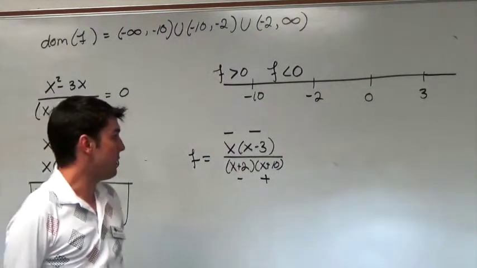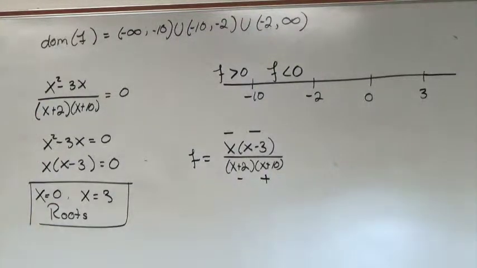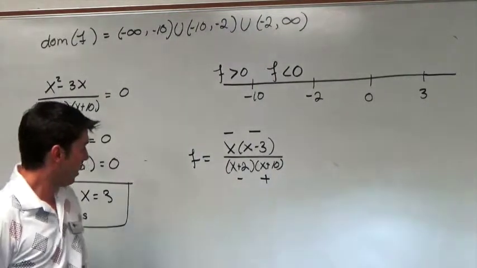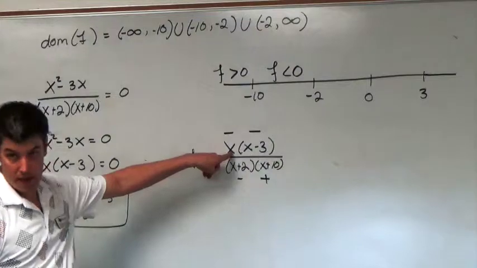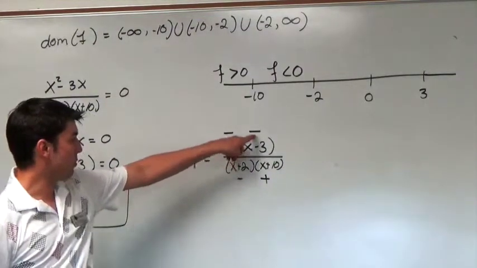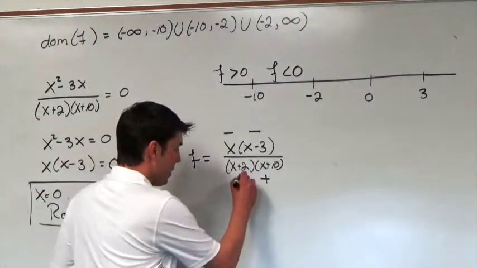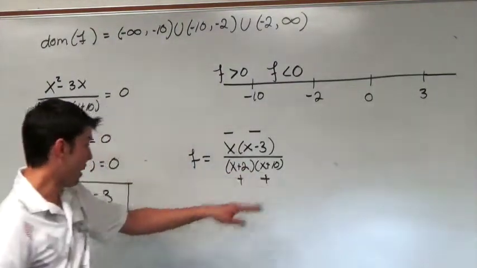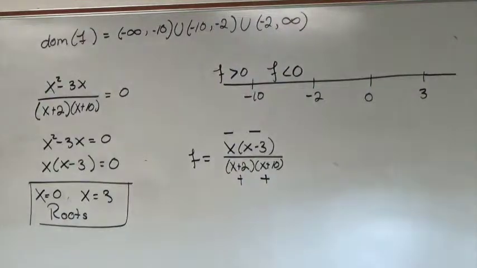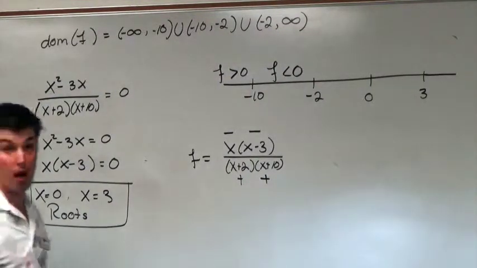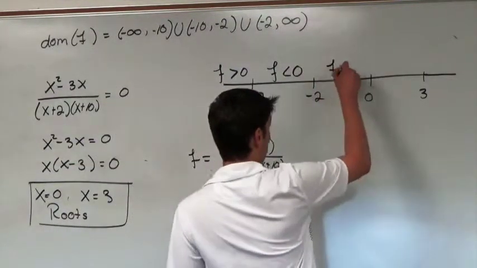Between -2 and 0 lives -1, so plug in -1. If x is -1, then x is negative. -1 minus 3 is also negative. -1 plus 2 is now positive. And -1 plus 10 is also positive. So we have 2 negatives, 2 positives. It's going to produce a positive fraction.